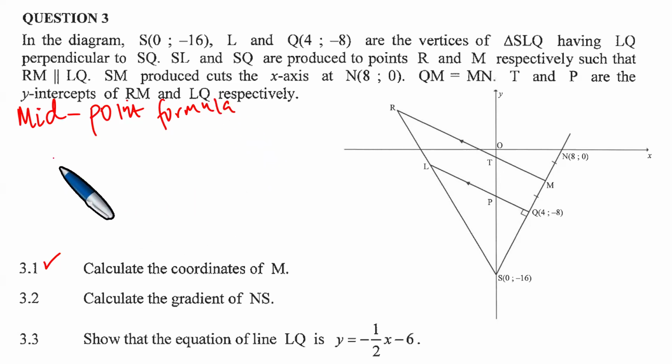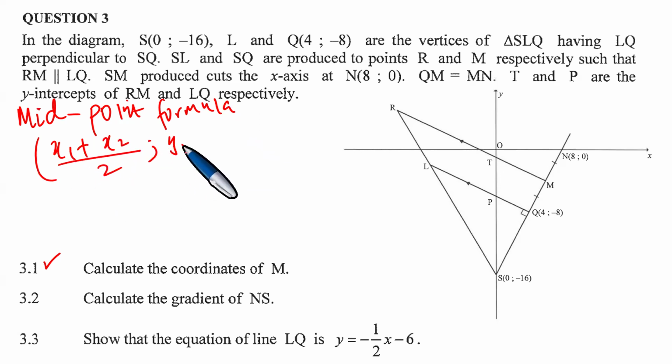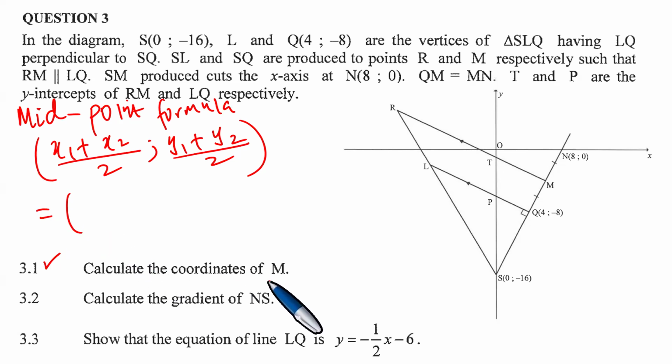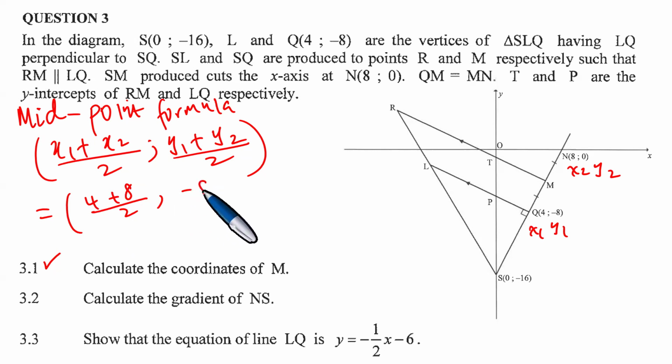What is the midpoint formula? It is (x1 plus x2) out of 2, (y1 plus y2) out of 2. Looking at M here, this is (x1, y1) and this is (x2, y2). So x1 is 4 and x2 is 8, out of 2, and y1 is minus 8 and y2 is 0, out of 2.